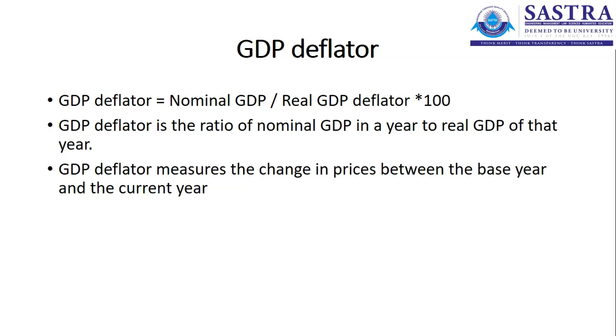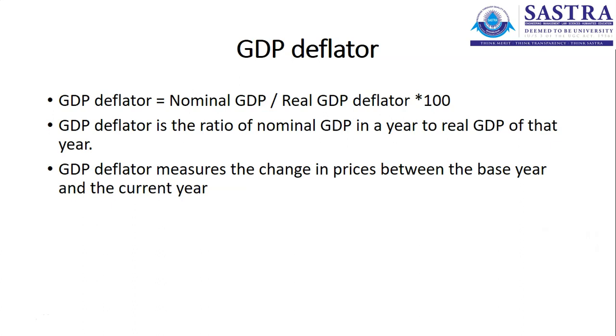If nominal is equal to real, the value generated by the country can be used for further purposes, but if there is a deviation, it is measured in terms of the GDP deflator.